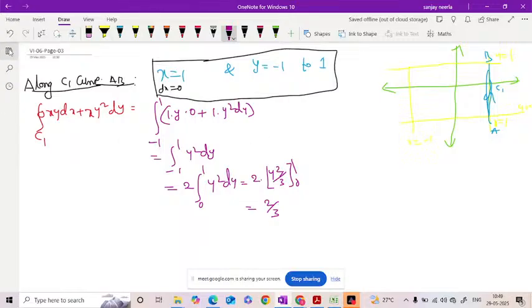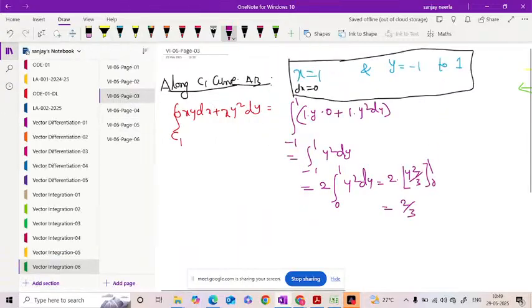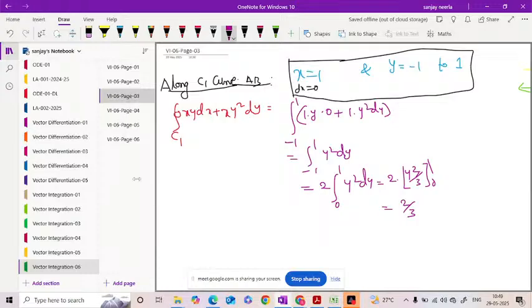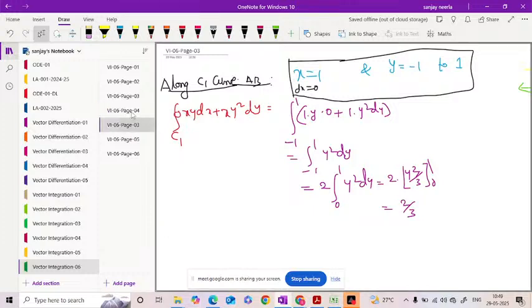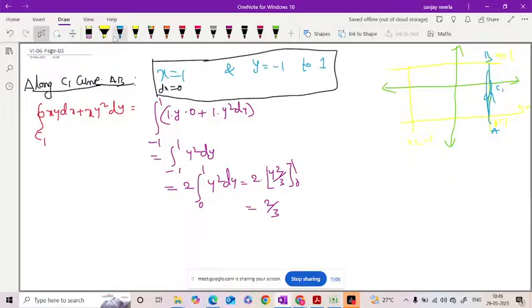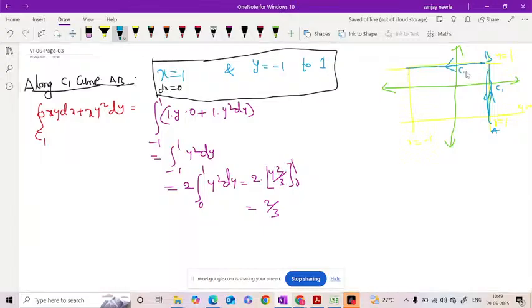Similarly, come to the second one. So this is the first path. Similarly, now the second path. Here I am taking the next direction, the BC direction. So it is the C2 curve. So in the BC direction, what is the x value?